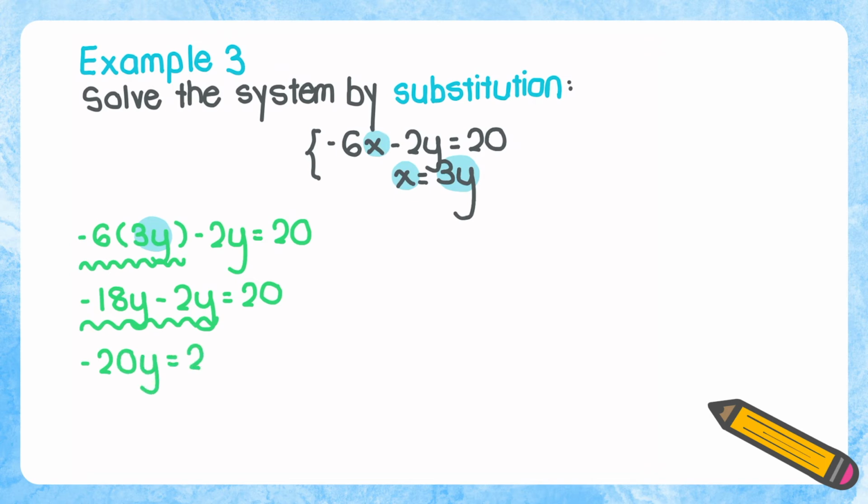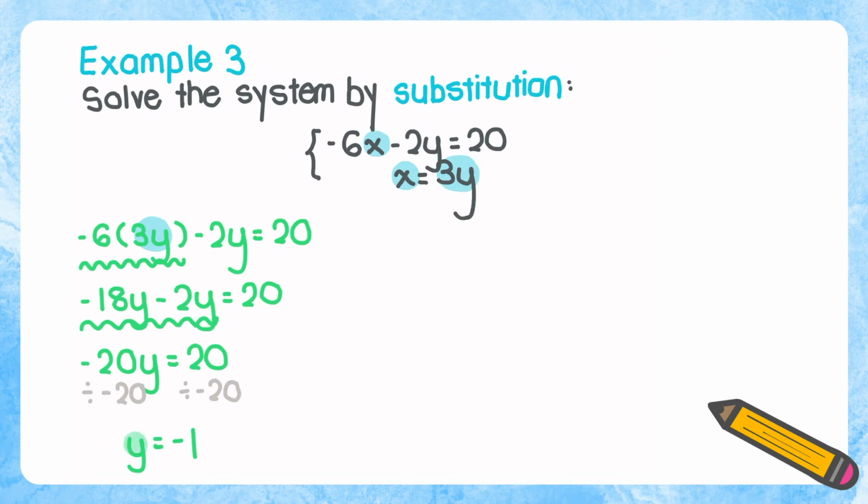That equals 20. And to isolate y, we divide both sides by negative 20. And so y equals negative 1.